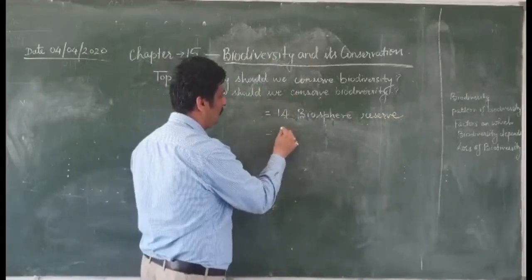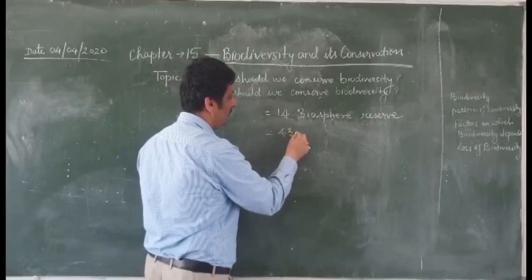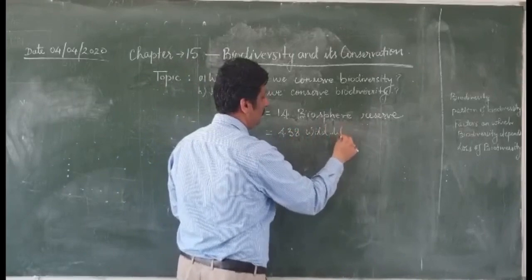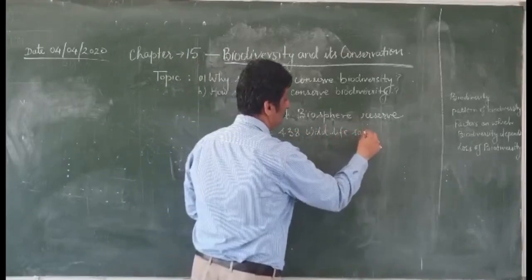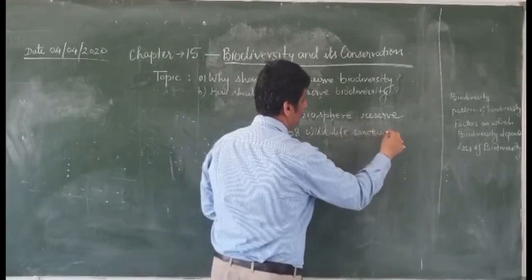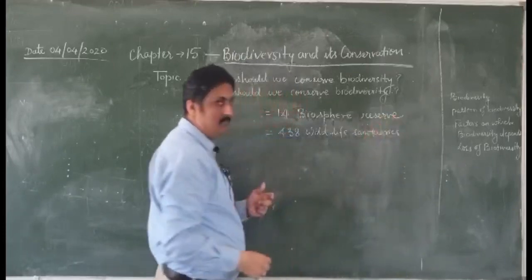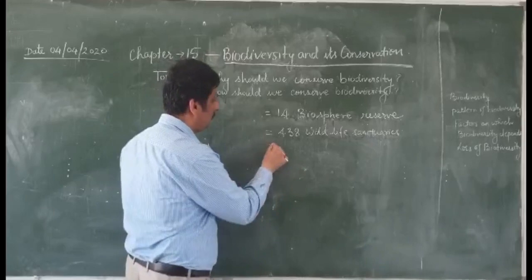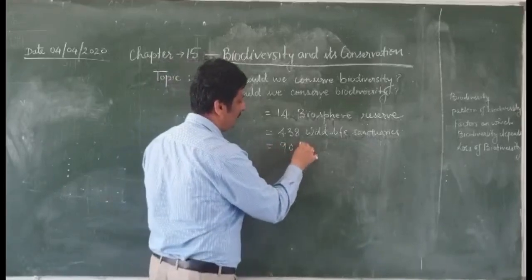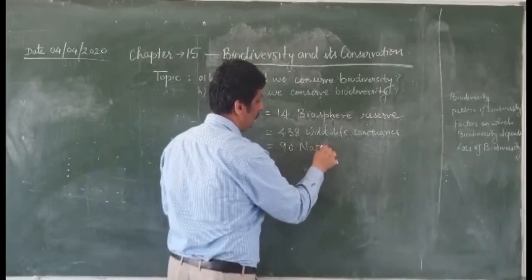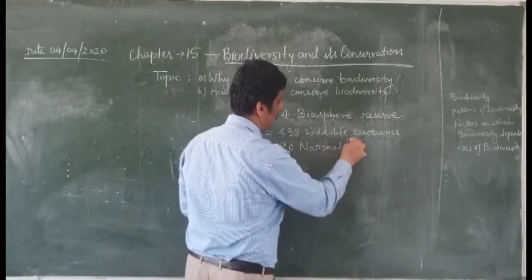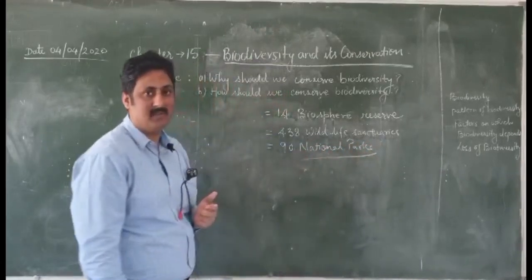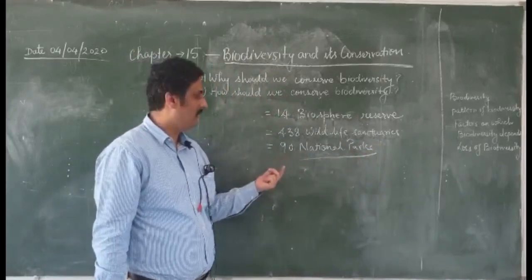Then we have about 438 wildlife sanctuaries, where animals and plants are also protected. Then we have about 90 national parks in India, where animals and plants have been preserved.